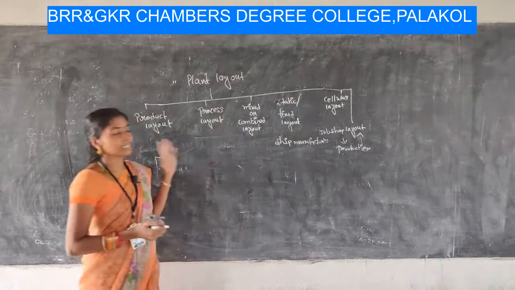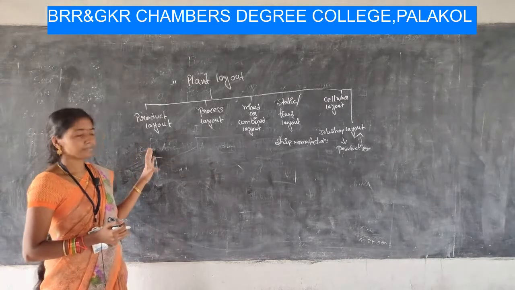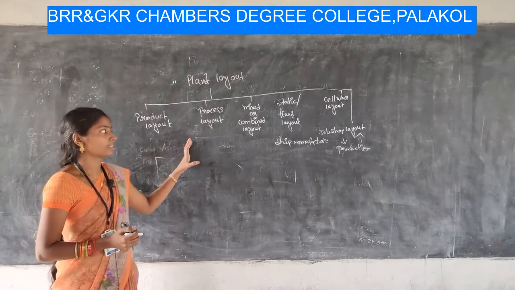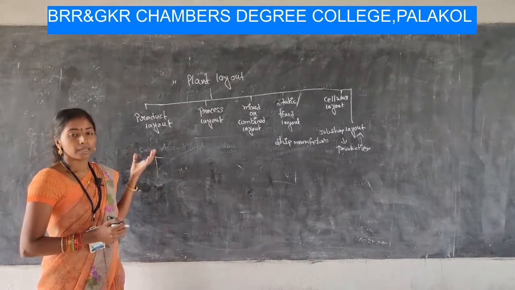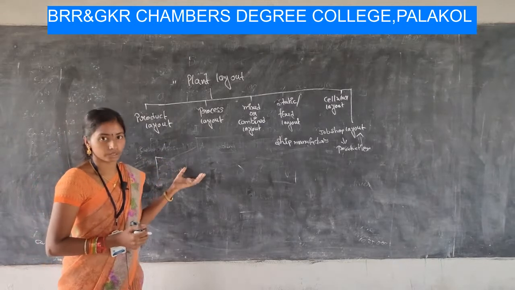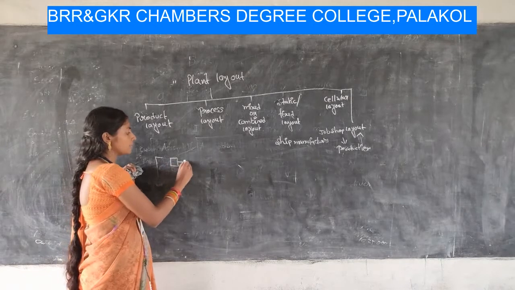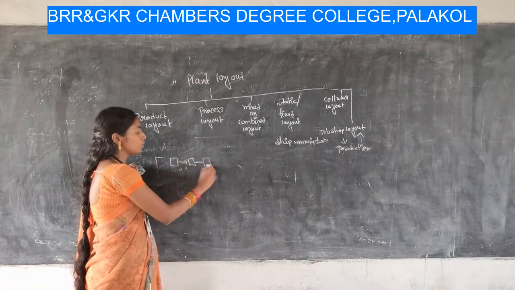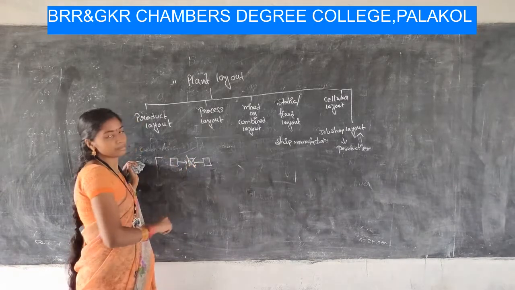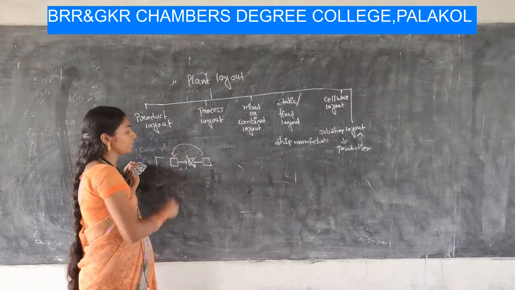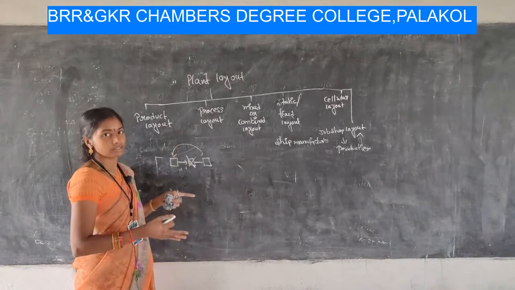Okay, so by analyzing these different categories of plant layout, we can observe that each and every layout has some defining characteristics. In the product layout, the machines follow a sequential route, right? Which means, as I already told you in the example, from machine 1 to machine 2, from machine 2 to machine 3. But here, if there is any disturbance in machine 2, the entire plant may sit idle, because they cannot start the production operations. Right?